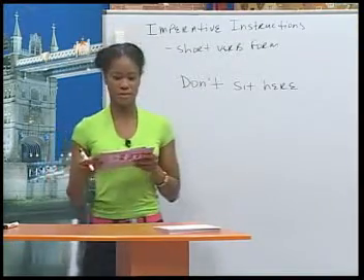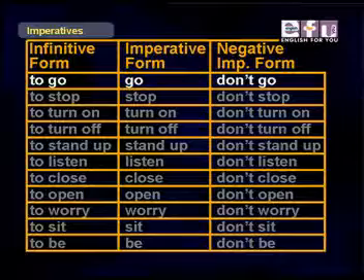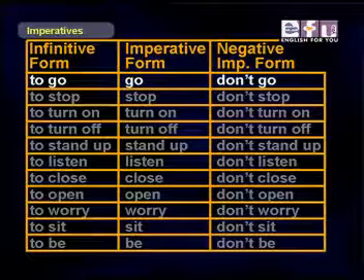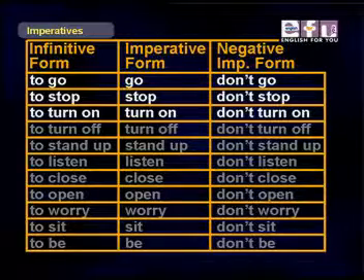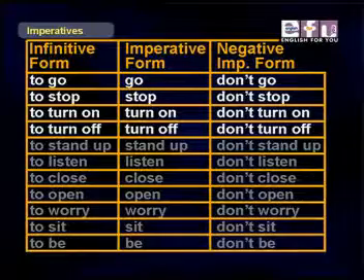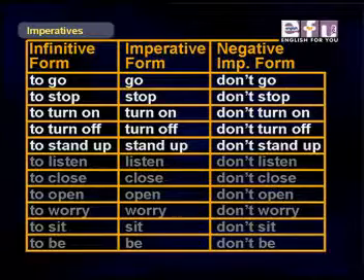Take a look at your screen. So with to go, remember our imperative form is go, but our imperative form in the negative is don't go. To stop is stop or don't stop. To turn on or don't turn on. To turn off or don't turn off. To stand up becomes stand up or don't stand up.